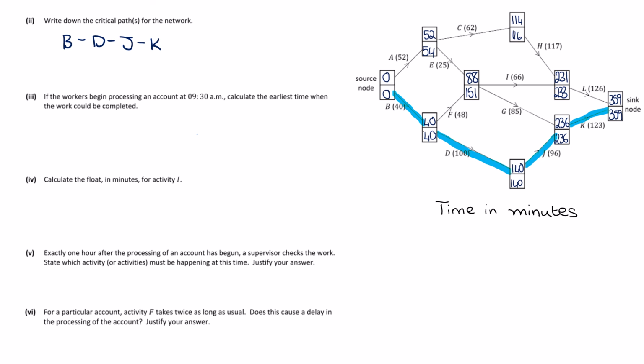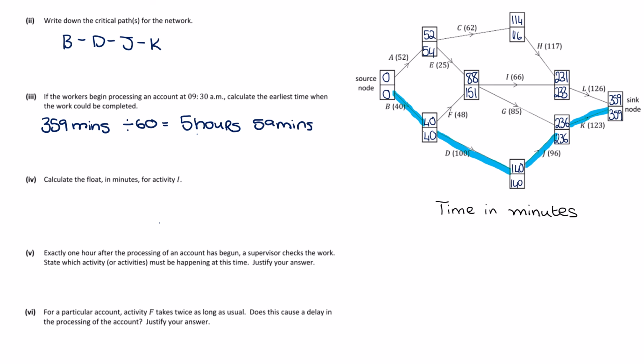If the workers begin to process an account at 9:30 a.m., calculate the earliest time when the work could be completed. So we have 359 minutes for completion. Let's divide that by 60 just to give us what it is in hours. And that gives us 5 hours and 59 minutes.